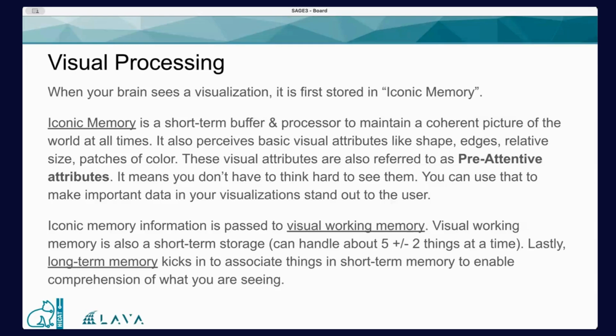We always pay attention. But these are the things that are captured so quickly. They're captured within the stage of the iconic memory. Now, after the iconic memory, we're going to pass whatever information is most relevant to the visual working memory.